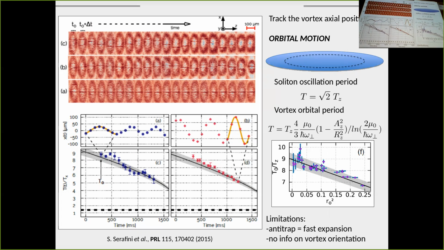So, for instance, if we take the pictures where we start with one condensate, like this, here we have three pictures. The third one is just an extreme case of an orbit of a very small amplitude. It is a vortex in the bottom of the trap, steady.